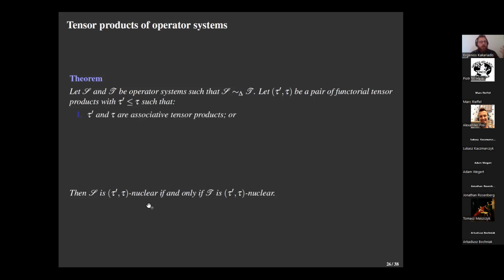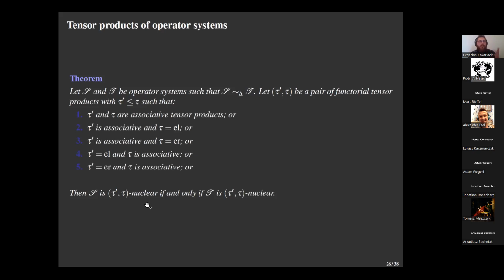That is, whenever I have associative tensor products, or one of them is associative and the other one is left essential or right essential, or the other way around. And one more bit, whenever this pair is the commutative one. And we don't know if this is captured by the previous ones, because we don't know if the commutative tensor product is associative.